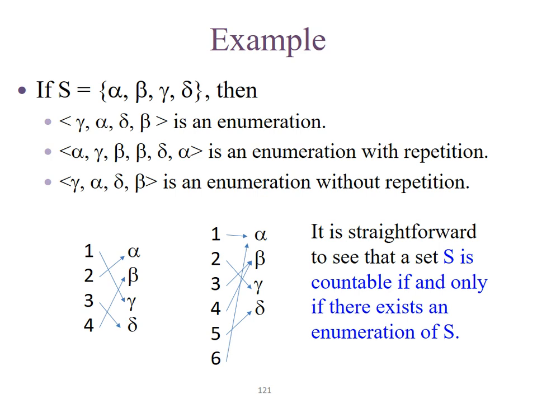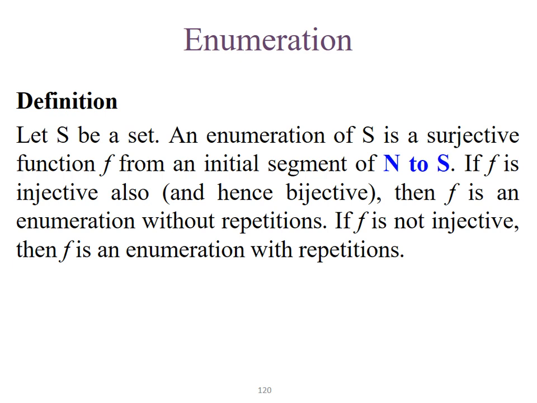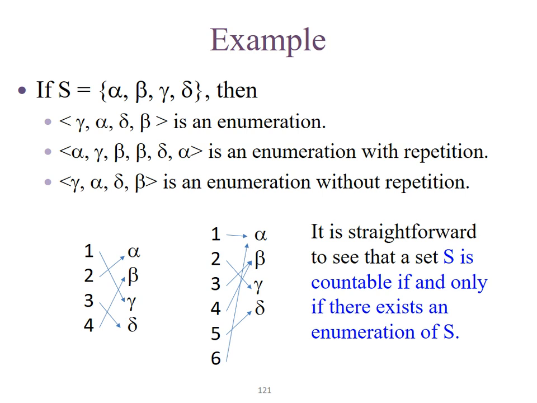I don't know if you have noticed the important part: the definition of enumeration is a map from n to S. So if you can find such an enumeration, that means you assign 1, 2, 3, 4 to the elements of the set S. This gives us a very useful tool.